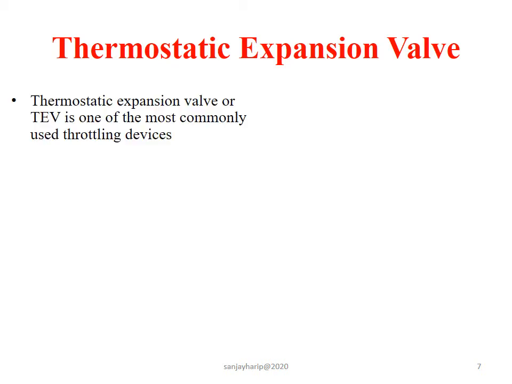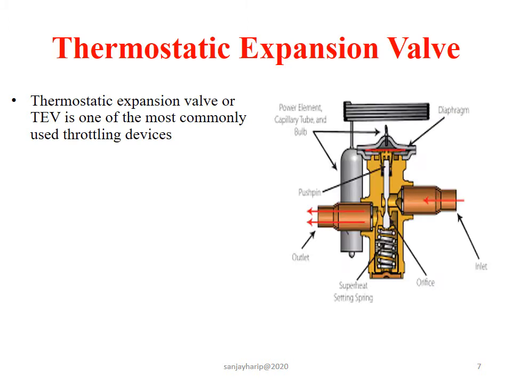Let us see the most popular expansion device in refrigeration and air conditioning applications, that is the thermostatic expansion valve. It is also known as TEV. Thermostatic expansion valve is used as a throttling device in almost all refrigeration applications. The figure shows a thermostatic expansion valve.